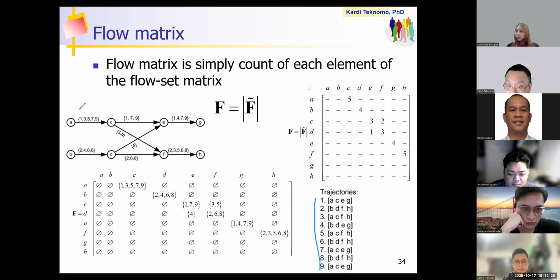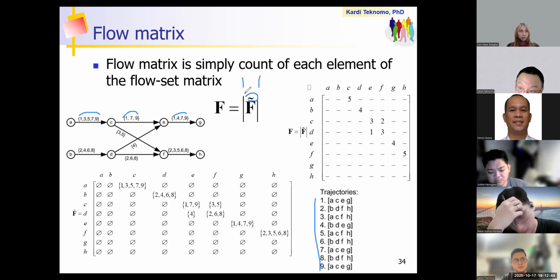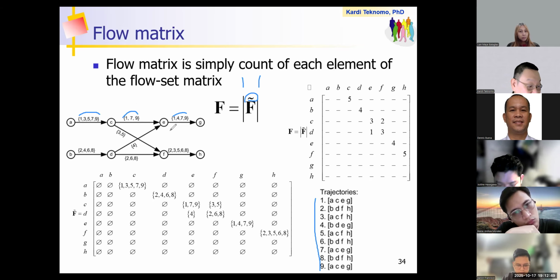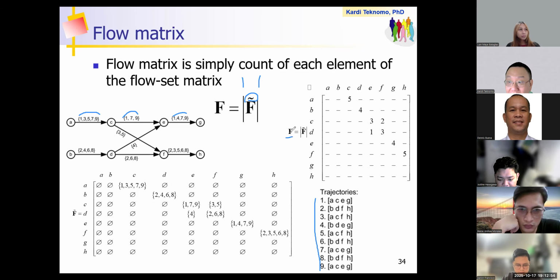So once you assign this trajectory ID, then you count. This absolute symbol represents the count. The one with the tilde represents the matrix set, meaning the IDs. If you get the count of this, you get exactly the flow matrix. So the flow matrix is just an aggregation of the flow set matrix.